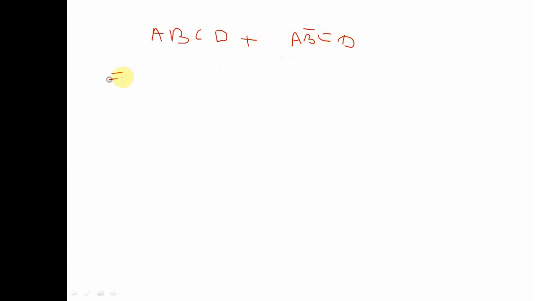To solve these expressions, which term is common here? The ACD term is common. So in the bracket, which term remains? B plus B bar is present here. So ACD times (B plus B bar), and B plus B bar is nothing but 1. So the final answer is ACD. In this fashion, we will solve the left hand side as well as the right hand side.